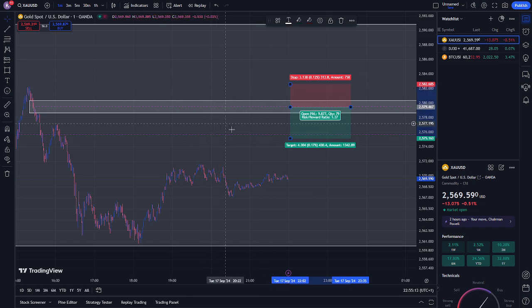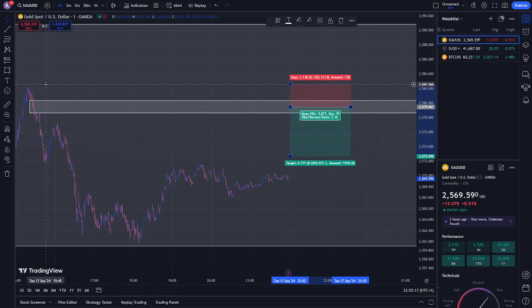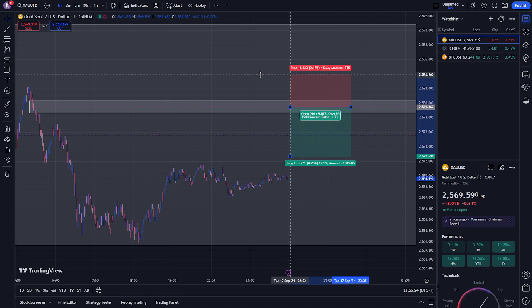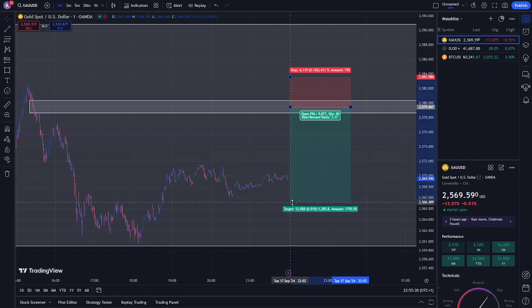All we're going to be doing is targeting previous highs, using our stop loss protected at these or just above them. I've started doing mine a little bit higher than it, sort of 10 pips away. And then usually target a 1 to 3, 1 to 2.